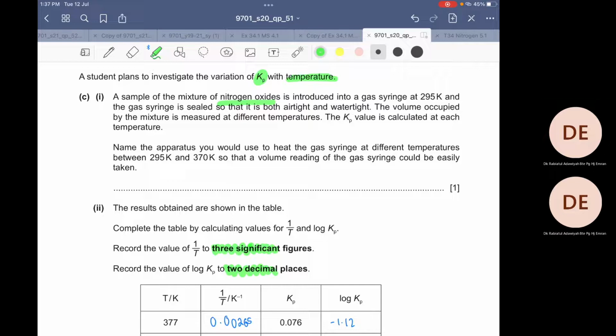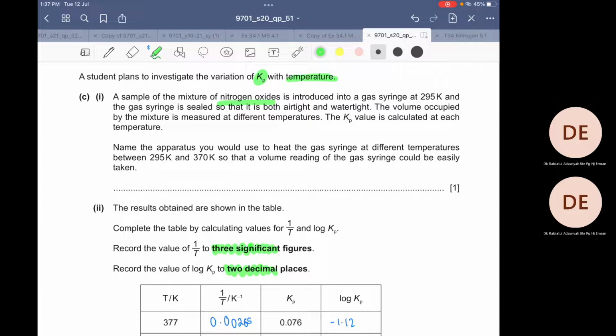Name the apparatus you would use to heat the gas syringe at different temperatures between 295 and 370 so that a volume reading of the gas syringe could be easily taken. So what's the easiest way to change the temperature in an experiment? I think you use this mostly in bio, a water bath, okay?